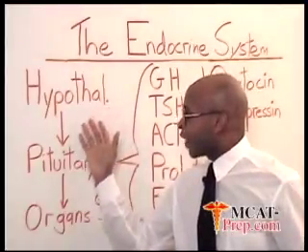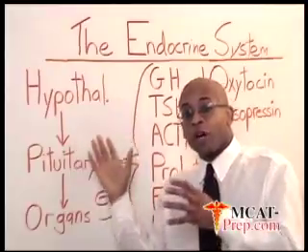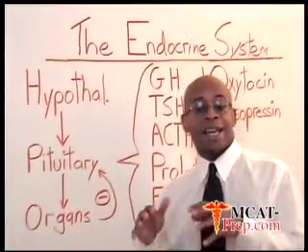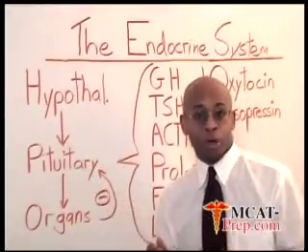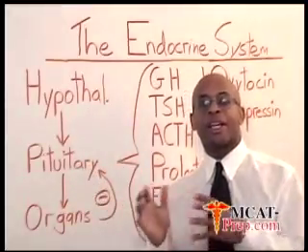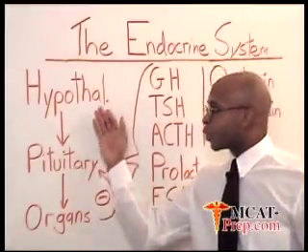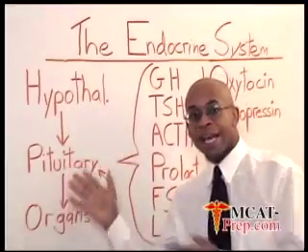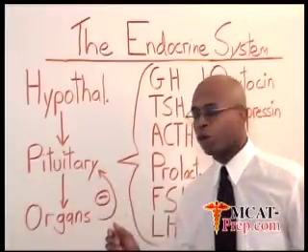Now, the effect of the hypothalamus and the pituitary gland functionally is part of the endocrine system, but anatomically, both these organs are in the brain, and therefore they're part of the central nervous system. Now, the effect is the releasing factor going to the pituitary gland, making the pituitary gland want to release particular hormones.